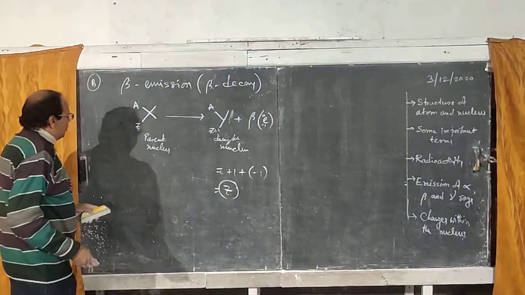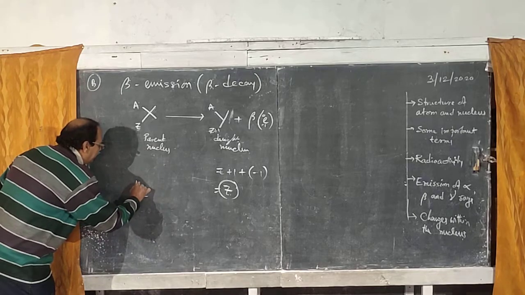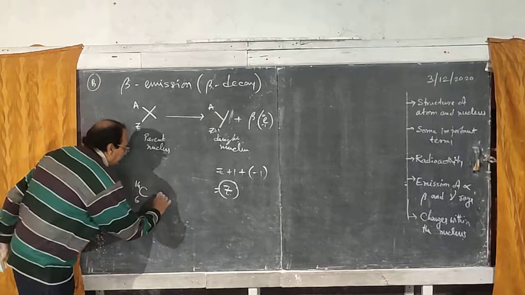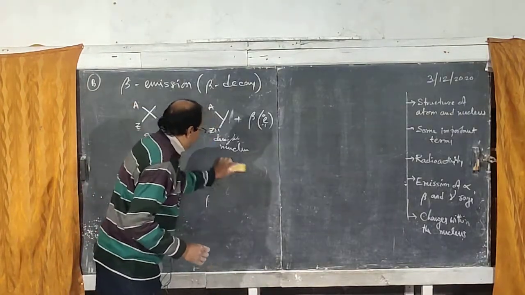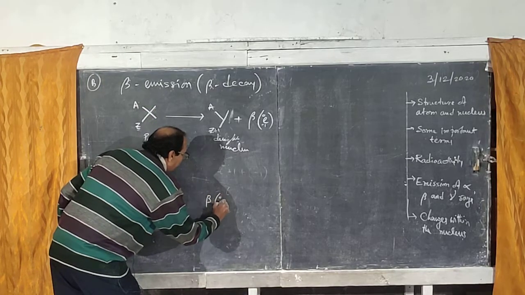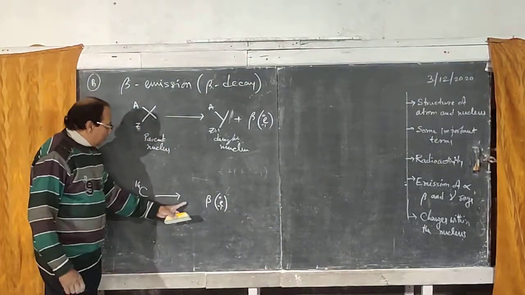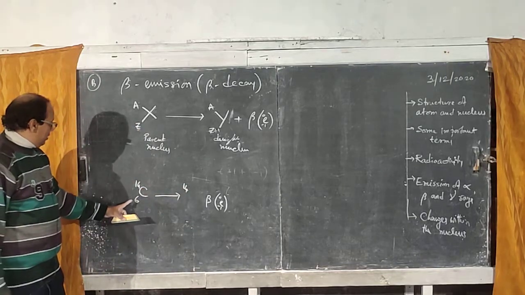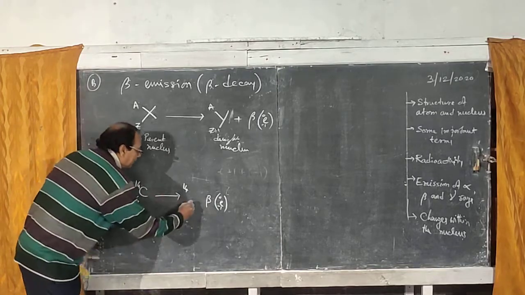I am giving a real example, in the case of carbon-14, atomic number 6. It is one of the radioisotopes of carbon. When it gives out one beta particle, e with 0 and minus 1, the mass number will remain the same, 14, and the atomic number 6 becomes 6 plus 1, 7.